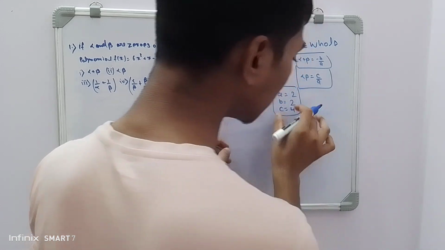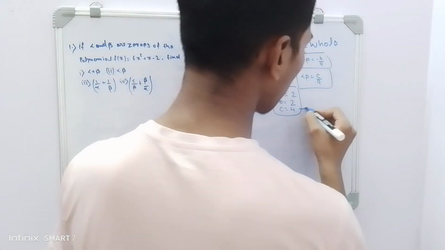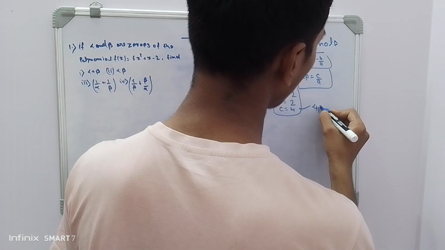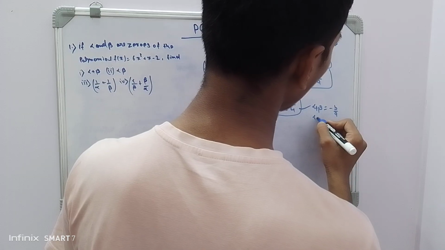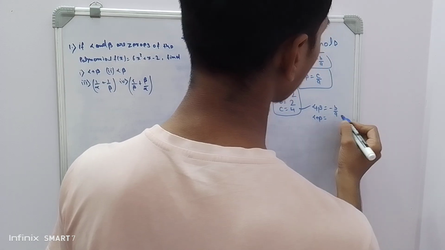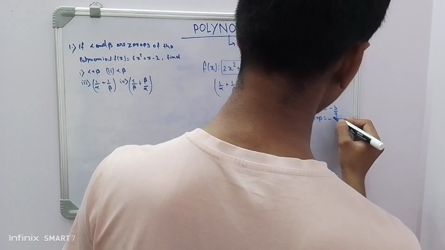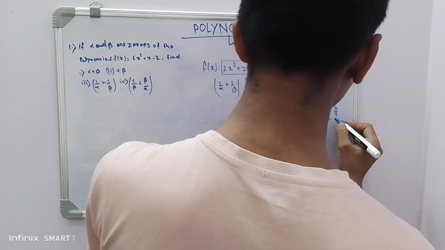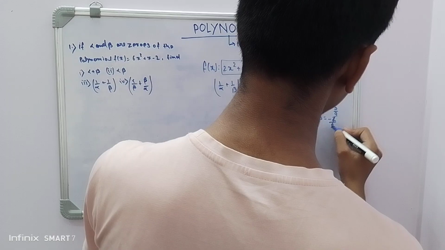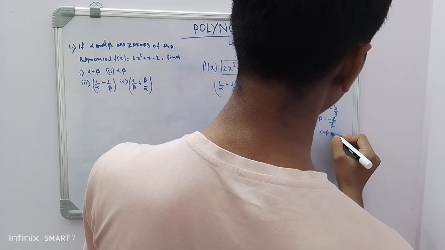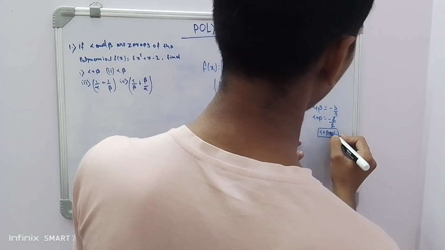Now when you get this, you have to find alpha plus beta and alpha into beta. So alpha plus beta is minus b by a, put here the minus sign. At the place of b we write 2, and at the place of a we write 2. So alpha plus beta we will get minus 1.